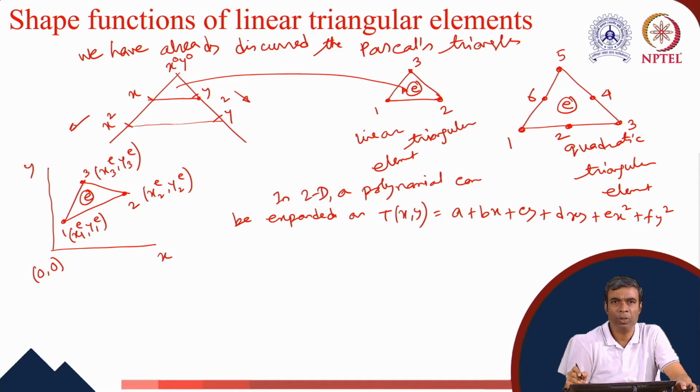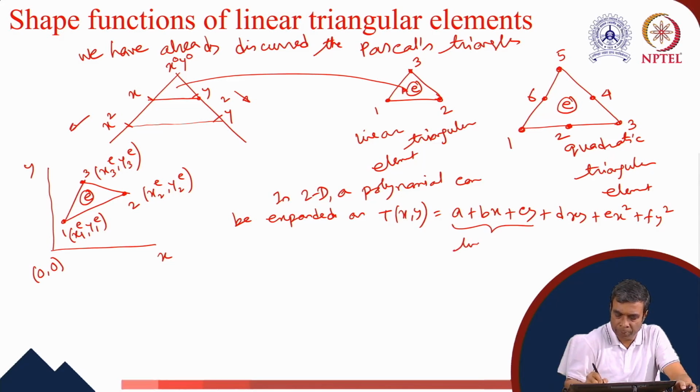Now, if we consider only the first 3 terms, then we get a linear polynomial in 2 dimensions. The product xy, this is a quasi-linear term which we find in case of a bilinear quadrilateral element. So when we restrict our data with a, b and c, or with x to the power 1 and y to the power 1, then we deal with a linear polynomial.